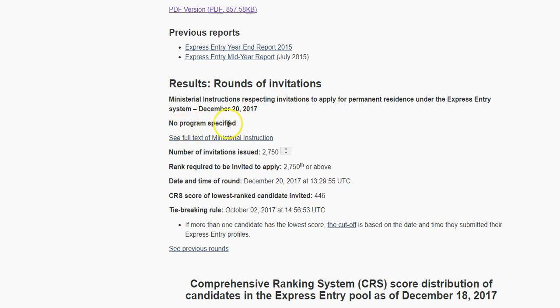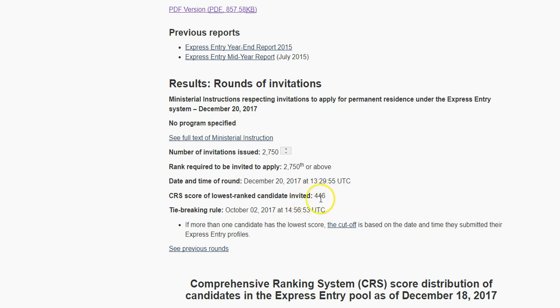No program specified. Sometimes you're gonna have a program specified. It's gonna be Canadian Experience Class or an emphasis program that they choose. Sometimes more, no program specified. It's gonna be general, based only on the score that they want to use. In this case, the lowest ranked candidate invited was with 446.